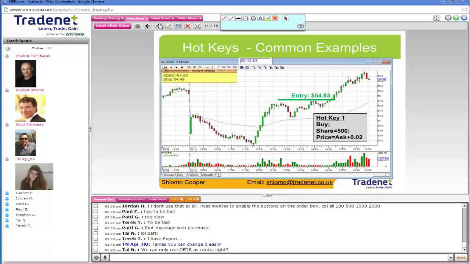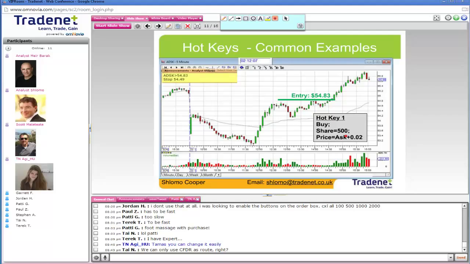Let's look at how we can actually design a hotkey in order to address this issue, in order to be the first in line. So the hotkey should be buy; share equals 500; all right, you don't have to mention share equals 500.